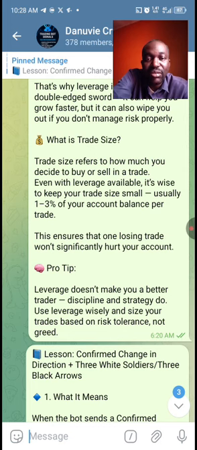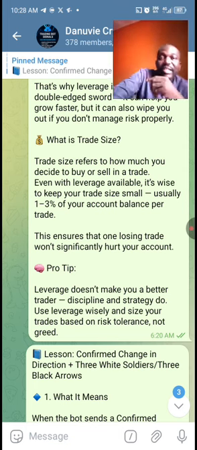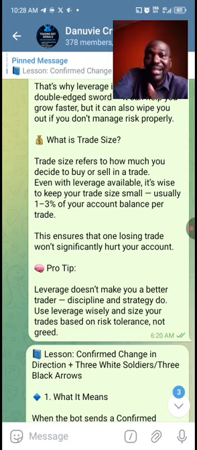So this ensures that one losing trade won't significantly hurt your account. So you see that. That's why it's very important to know what trade size is and leverage. So pro tip, leverage doesn't make you a better trader. Discipline and strategy do. So it is one thing to understand leverage, and it's another thing to understand the strategy you're using.